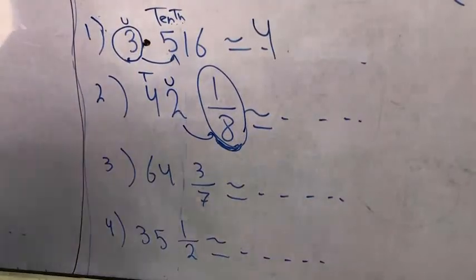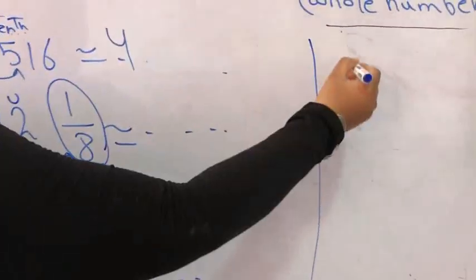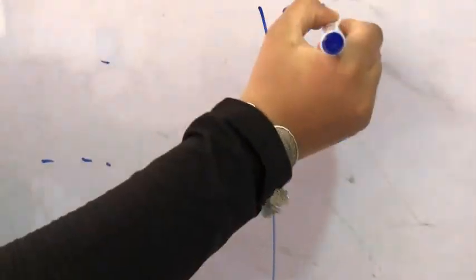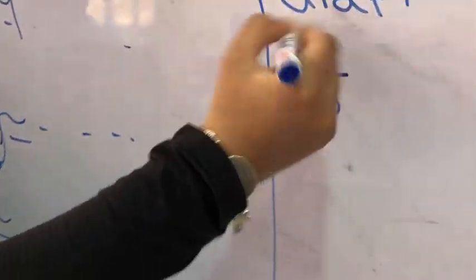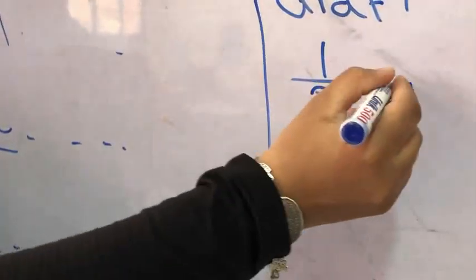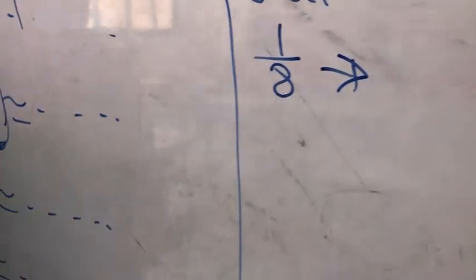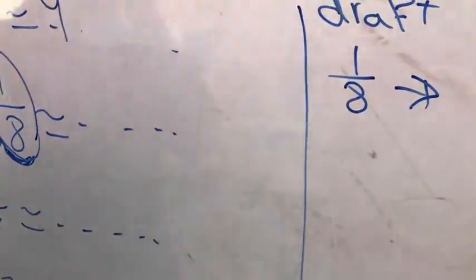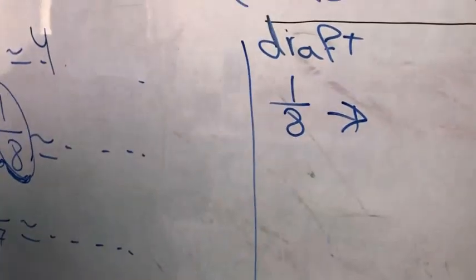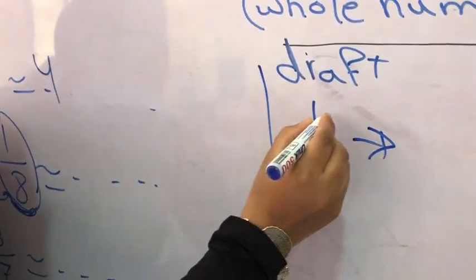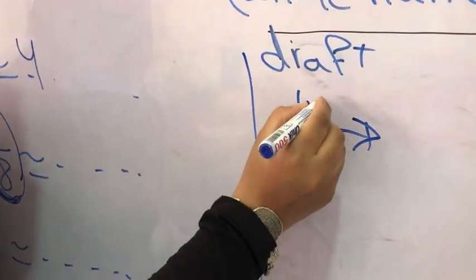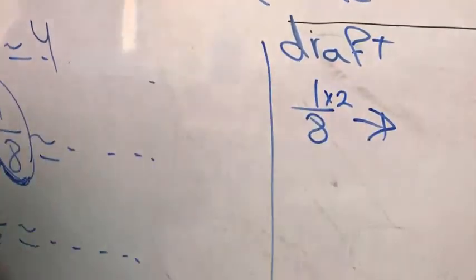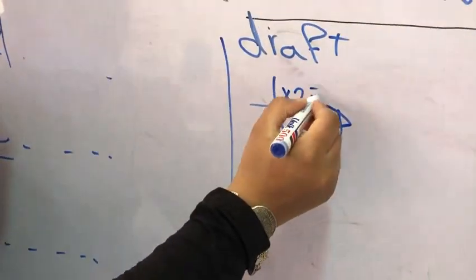I will take 1 over 8 in my draft and ask it: are you rich or poor? This is 8. To know whether this fraction is a rich or poor number, I multiply the numerator by 2. 1 times 2 equals 2.